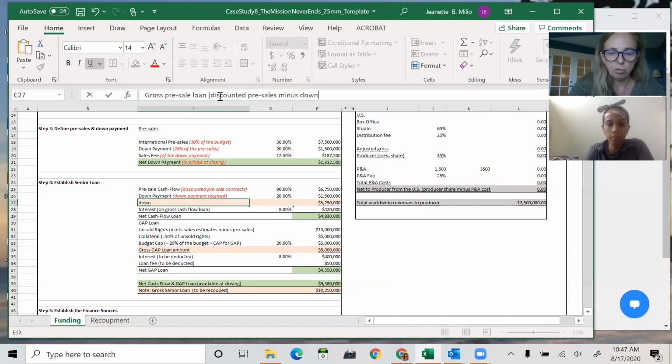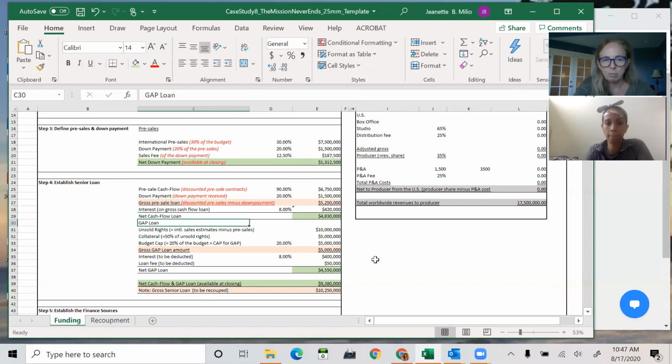And I'm going to email this to you so you have all the steps later, because this applies for everything you do in all your life of film finance. So you always have this. You take the discounted pre-sales, you deduct your down payment, and this is what you actually get.